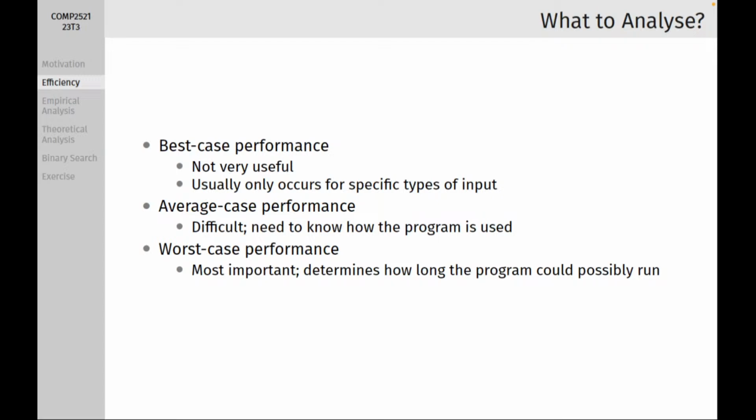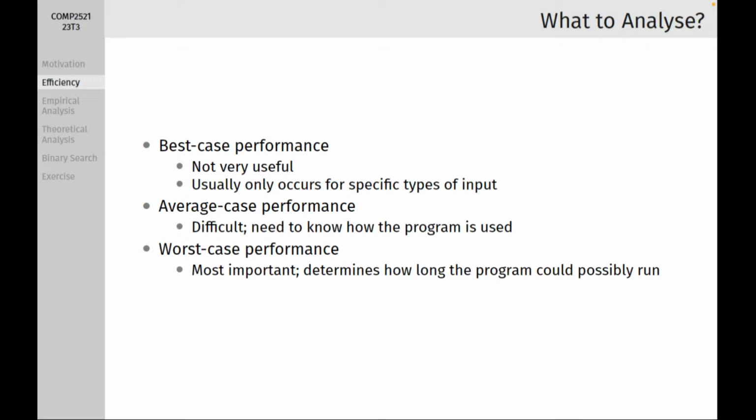It depends. So the next kind of case is average case performance. You're trying to analyze how well the algorithm is going to perform on different kinds of data. But this is often difficult because you need to have a good idea of what inputs your program is going to take in.